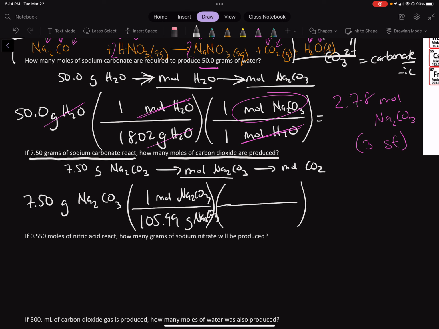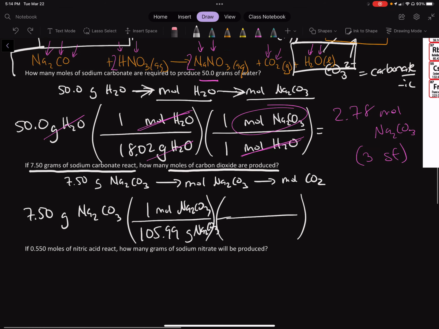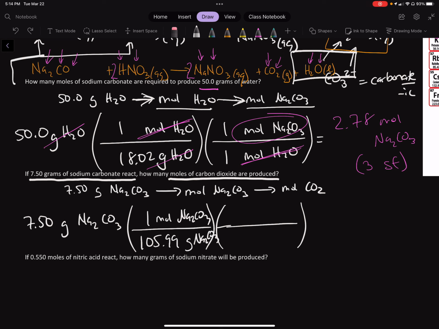Next, converting from moles of sodium carbonate to moles of CO2, we need to use the mole-to-mole ratio. So again, we're going to look at the balanced chemical equation, and it's a 1-to-1 molar ratio again, because for every 1 mole of the sodium carbonate that reacted, we produce 1 mole of CO2. But it's an important step to show. So 1 mole of Na2CO3, that goes in the denominator for every 1 mole of CO2.